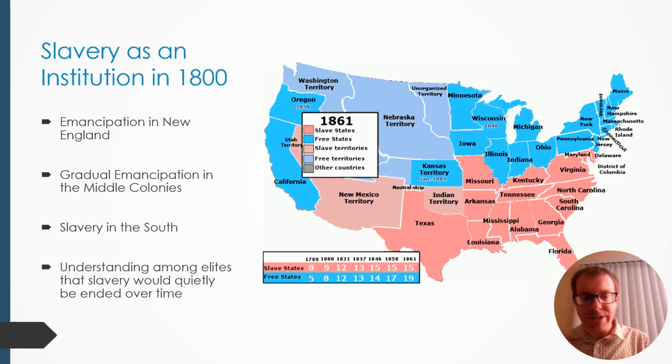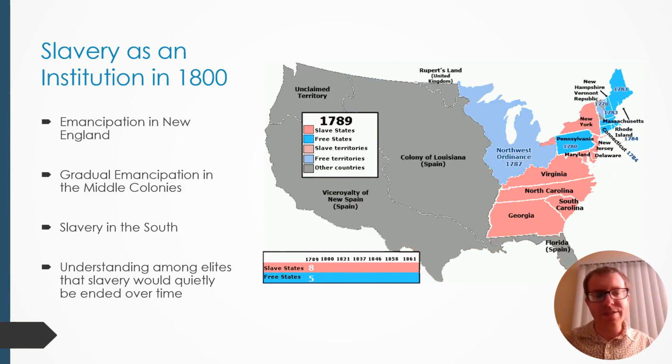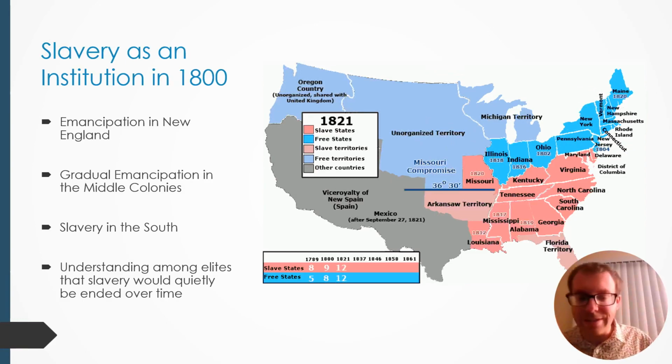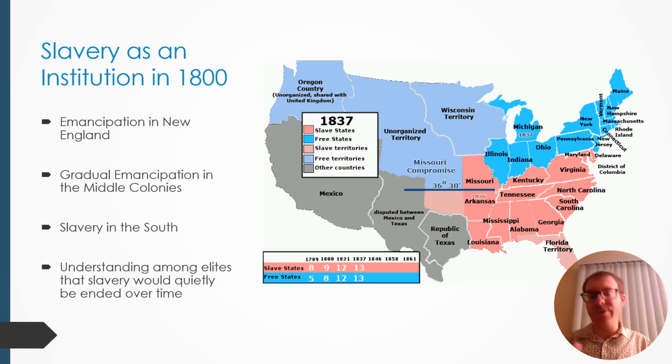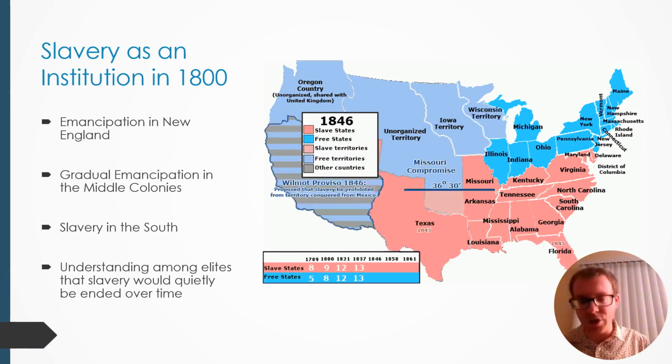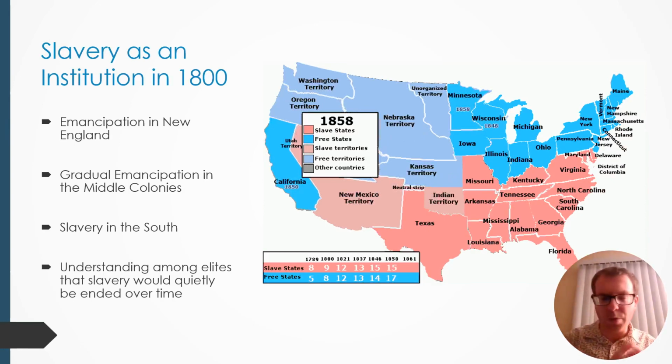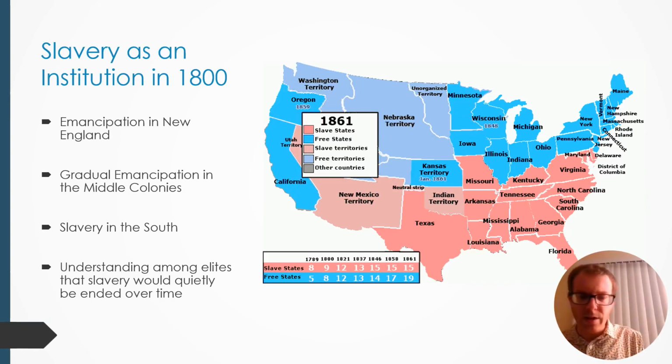And most political leaders around 1800, there's an understanding among political elites that slavery would just quietly end over time. So a lot of the people who are called the founding fathers, and I don't really like that term, it doesn't accurately describe American history, but Thomas Jefferson, James Madison, George Washington, John Adams, all these people agreed that slavery was going to eventually die as an institution, and so they didn't really concern themselves as much with policies on slavery.